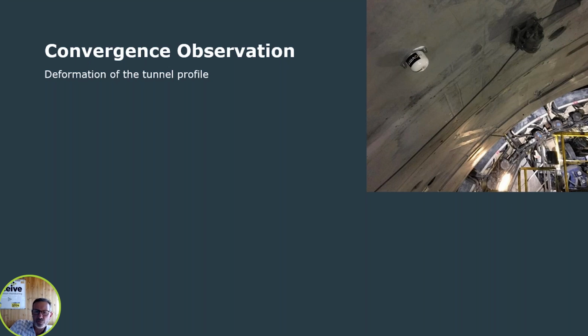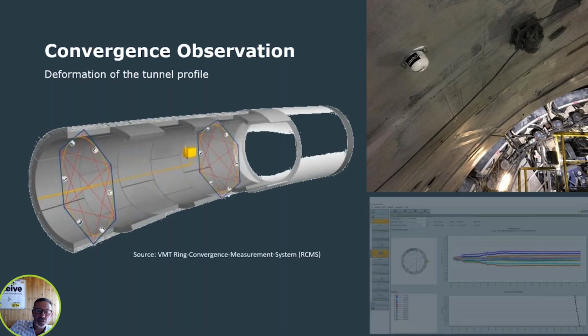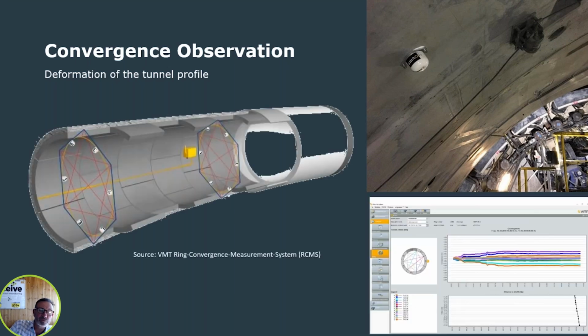And an example of that is where certain tunnel boring machine construction operators, particularly those who use VMT for their convergence measurement system, will use a system which is based on Senceive tilt nodes.